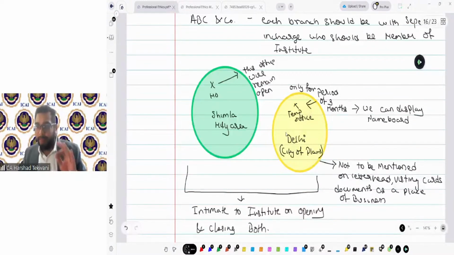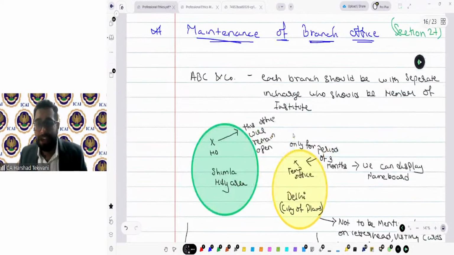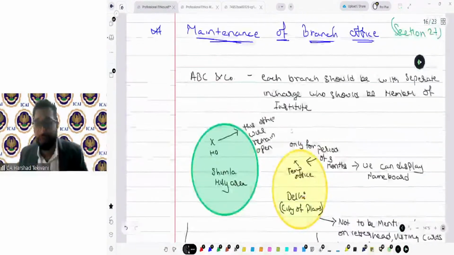If these conditions are satisfied, then the exemption is in place, meaning they do not require a separate in-charge for that particular temporary office.